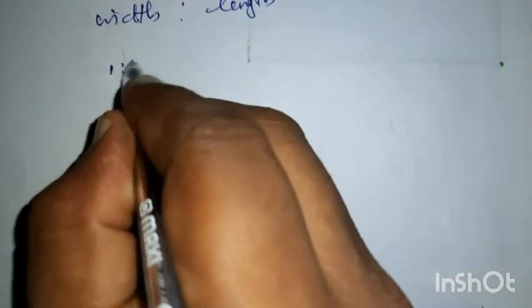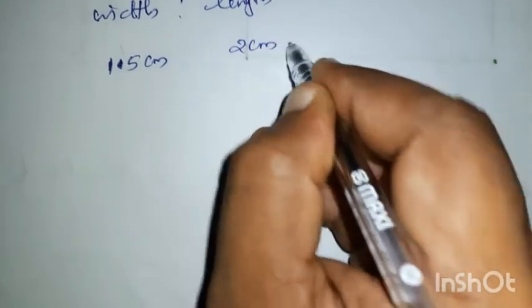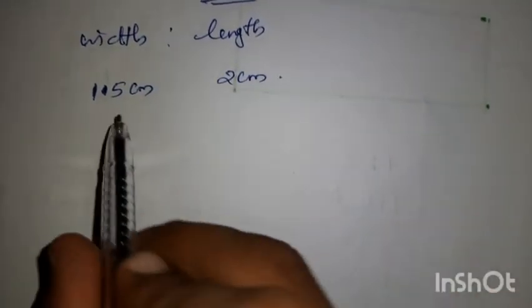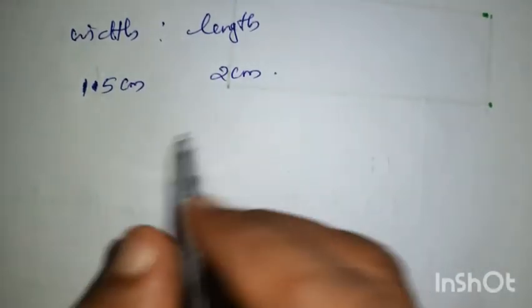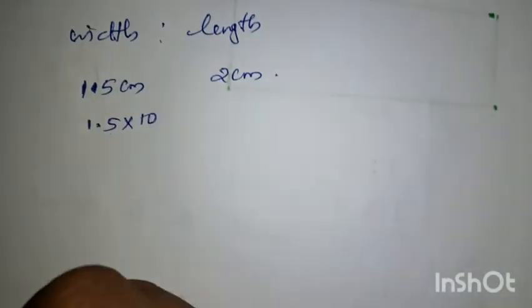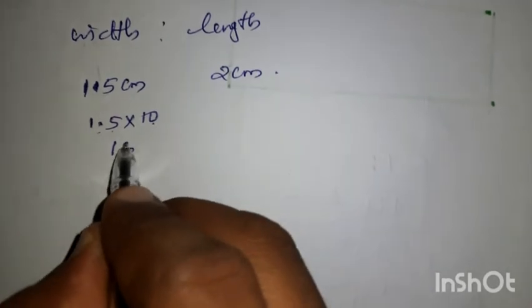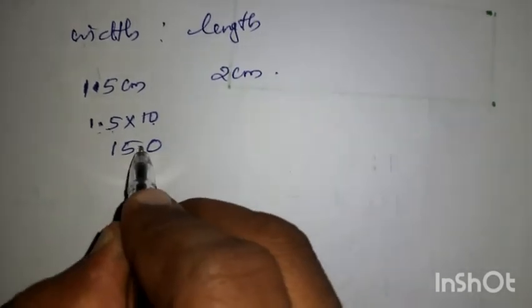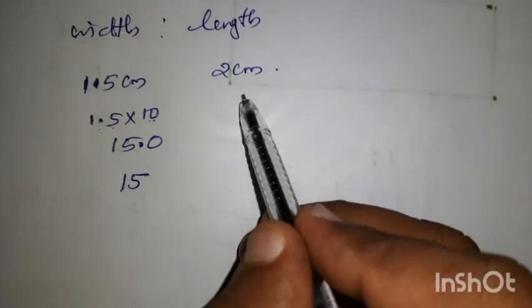Width is 1.5 centimeter and length is 2 centimeter. How will you find out? You have to make these into natural numbers. 1.5 you have to change to a natural number. Here only one decimal, so you multiply by 10. 15 into 10 is 150, then one decimal, so you get 15. If you multiply by 10 here, you should multiply here also.